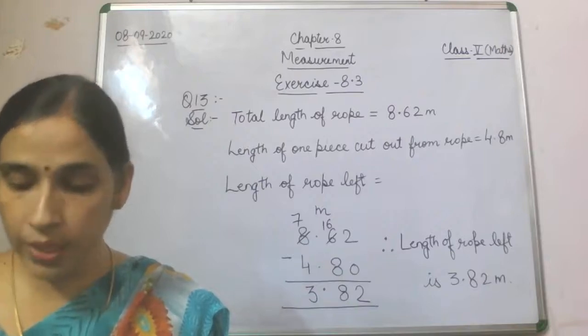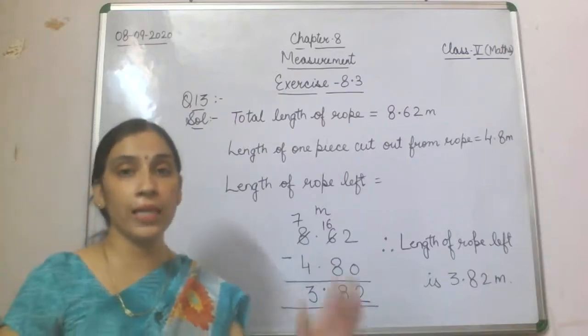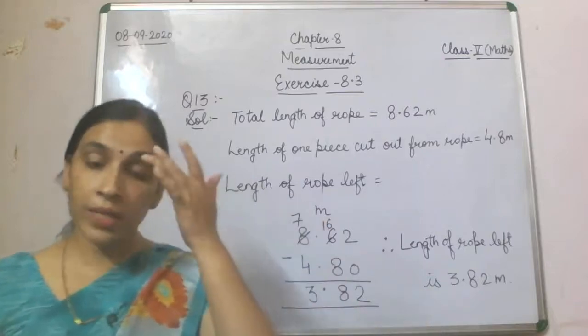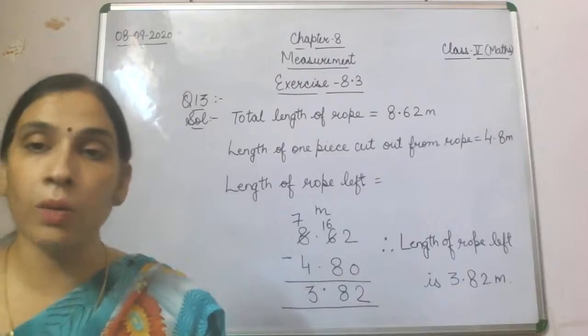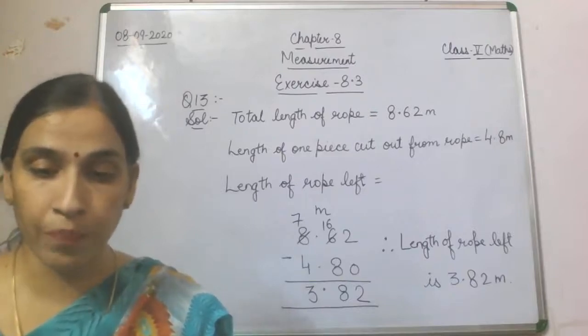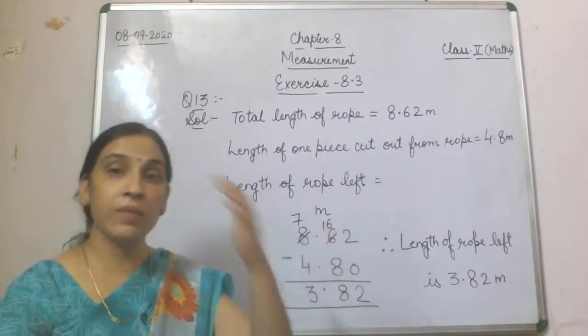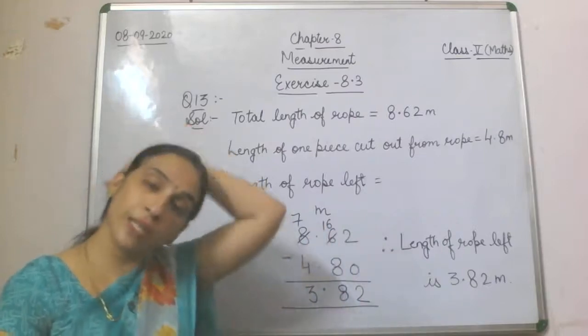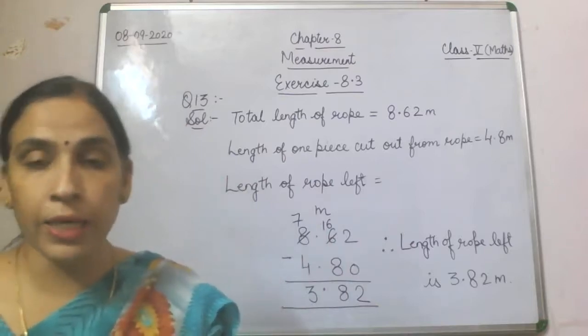Now what is the question here? You have been given the distance walked by Kabir on Monday and Tuesday, and then you have been given the total distance he walked in 3 days, that is 25.8 kilometer.